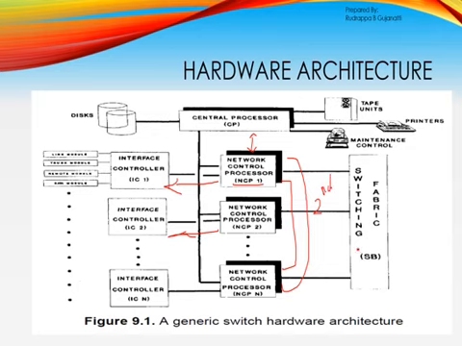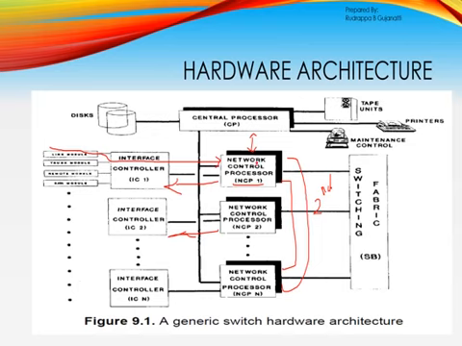Now what is the purpose of these NCPs? Its purpose is to provide call processing functions. Apart from that, it helps in setting up the path through the switching fabric. Here we can see that if somebody on this line module calls, then the interface controller gets that information. That information is passed through the network control processor.